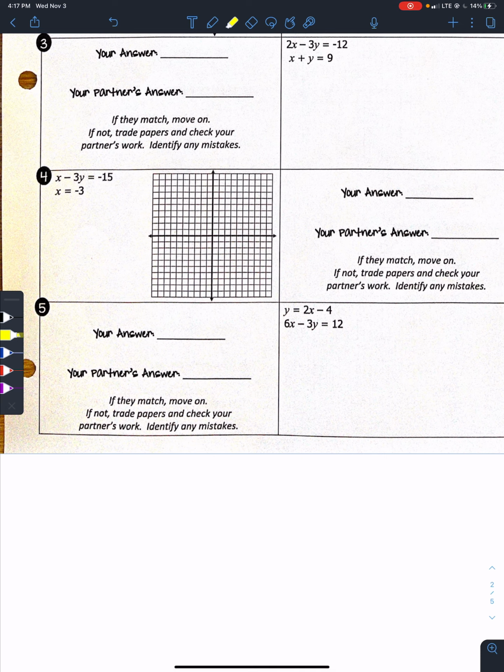All right, number 4 for graphing. On this one here, first thing, get both equations into slope-intercept form. When I look at this one, x - 3y = -15. First thing I'm going to do is subtract x from both sides.